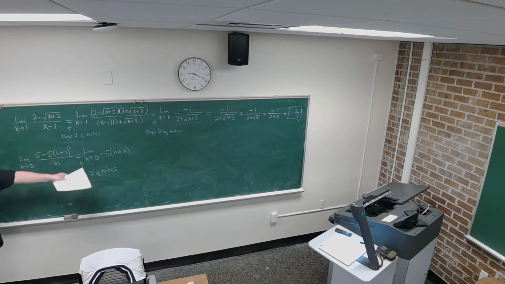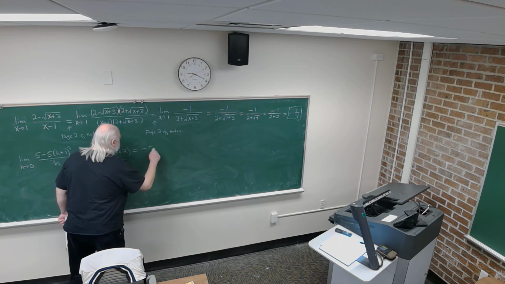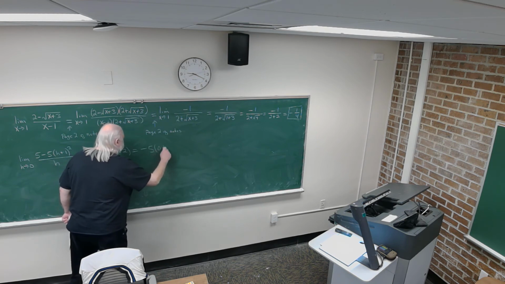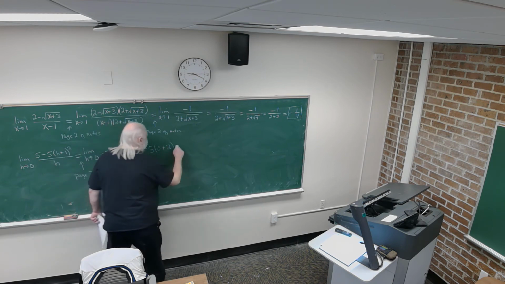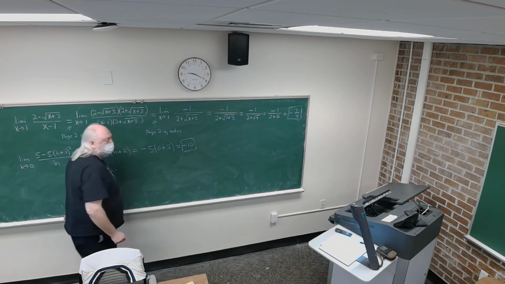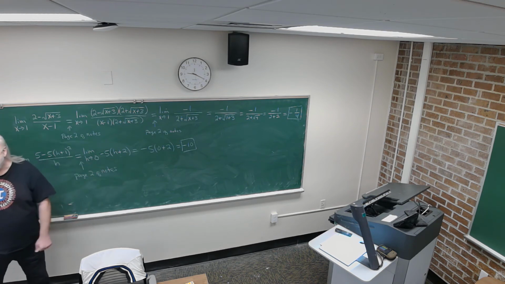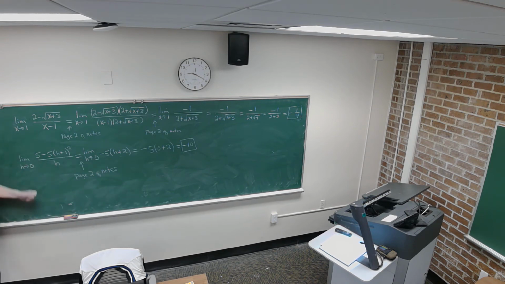So now you can do the direct substitution. We have -5 times 0 plus 2, which is equal to -10. So the closer the variable h is to 0, the closer the value of this function is to -10, even though this function is undefined at h equals 0.